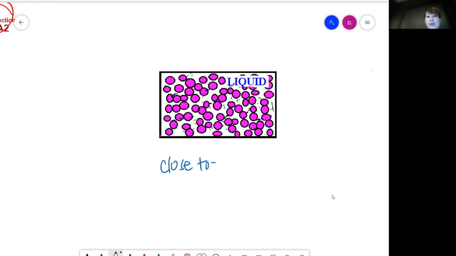So when the liquid molecules are packed close together, what happens is when a pressure is exerted on one end, let's say, for example, there is a force that's applied here on these molecules on the left, and this force is applied over an area, a pressure is formed.